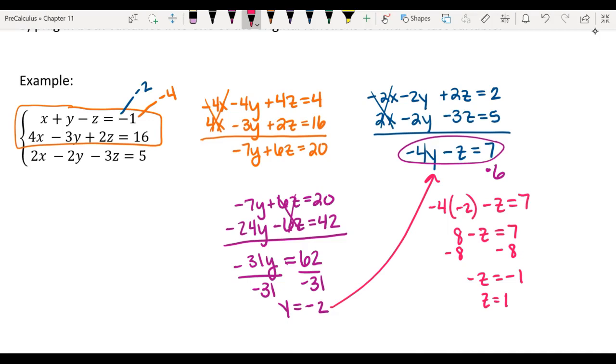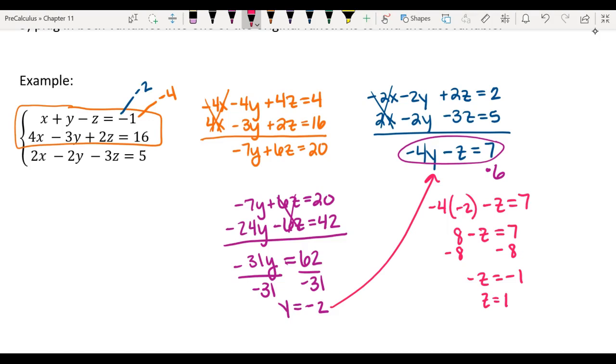Now that we have y and z, we're going to pick one of these three to plug these into so we can find x. Because we only had what y equaled, if we plug y in, we don't have the ability to find one letter by itself. That's why we take this and plug it in here or here, because then we have one letter by itself.